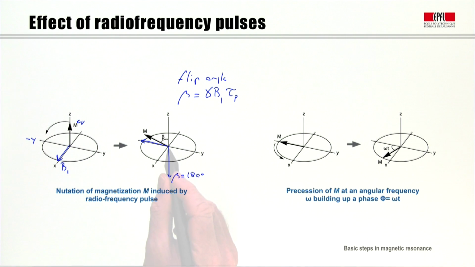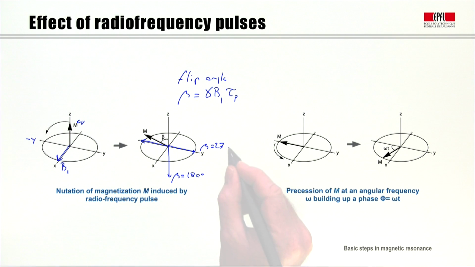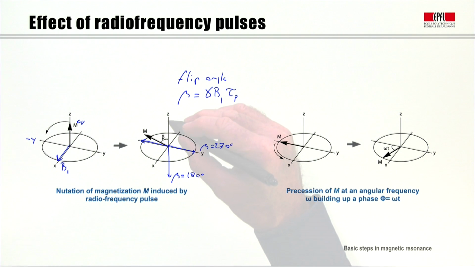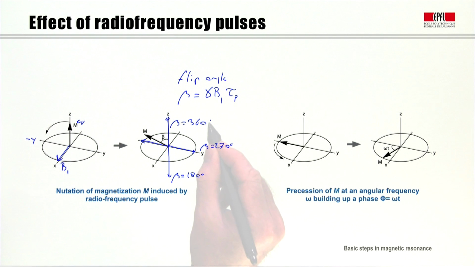We can also have beta equal 270 degrees, in which case we end up along the plus y-axis, and perhaps most surprisingly, if we keep going, we end up back at the initial position, so we can also have a 360 degree pulse. That surprisingly means that the situation is exactly restored as if there were no pulse at all.